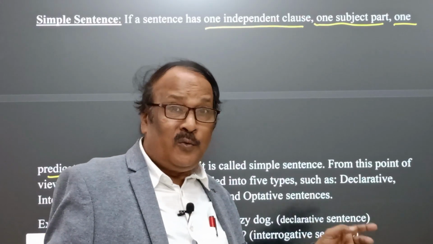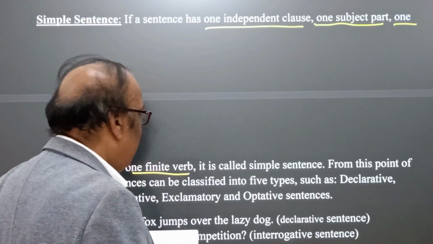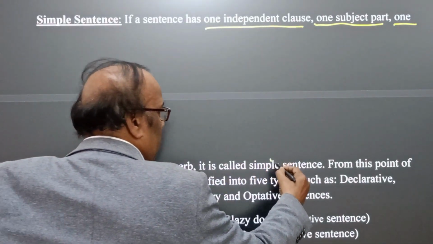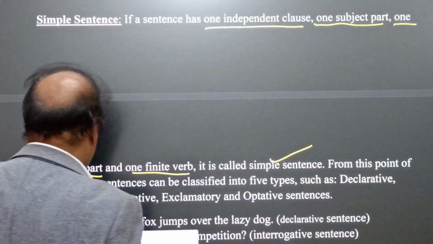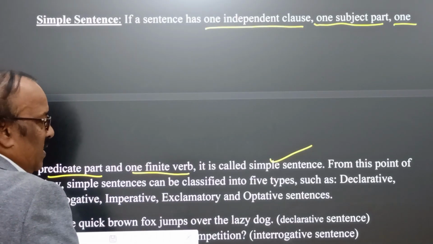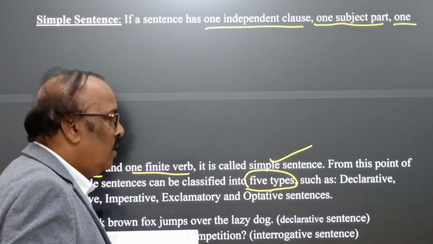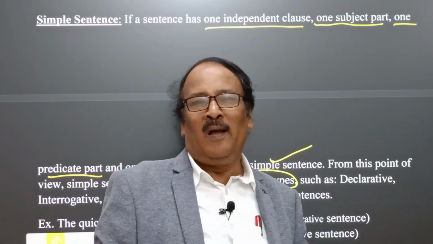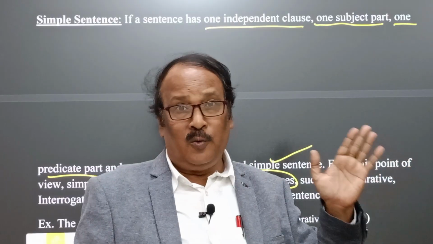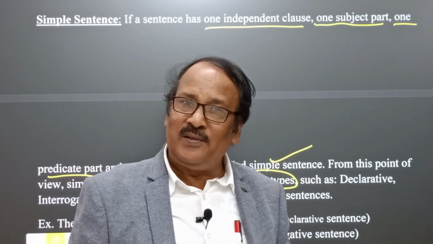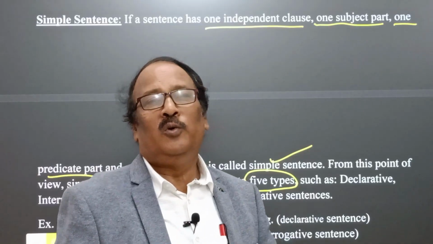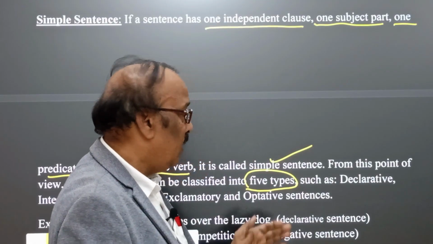Yes, as we have discussed, it is called a simple sentence. From this point of view, simple sentences can be classified into five types. Remember here, simple sentences are also classified into five types. Yes, this is another factor that should be remembered.